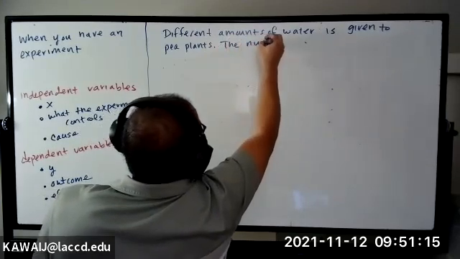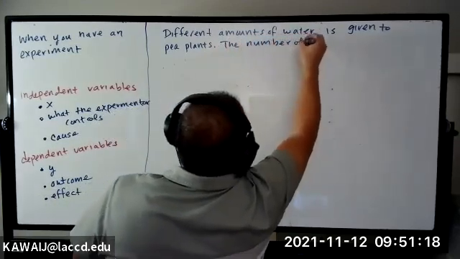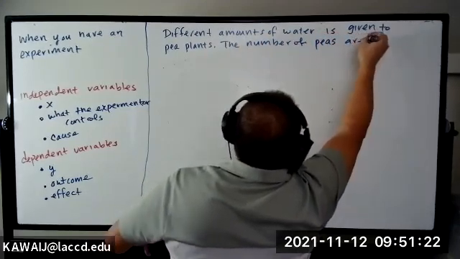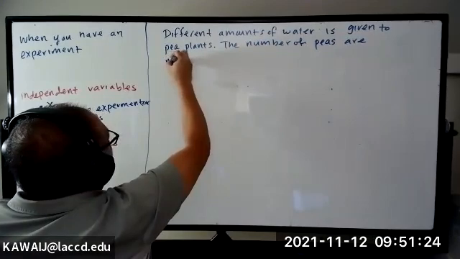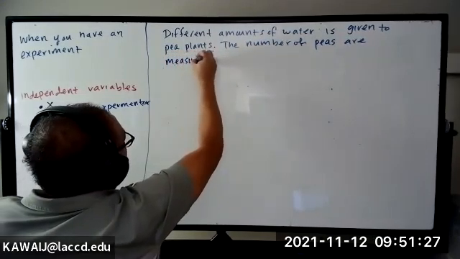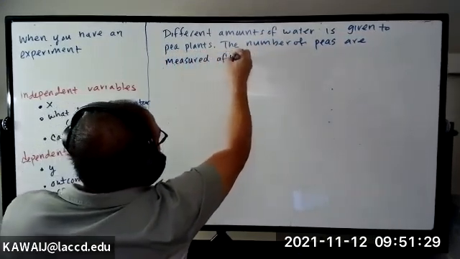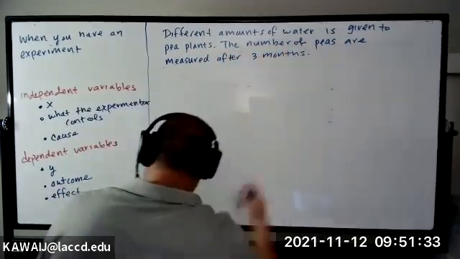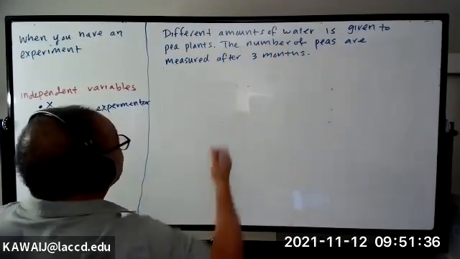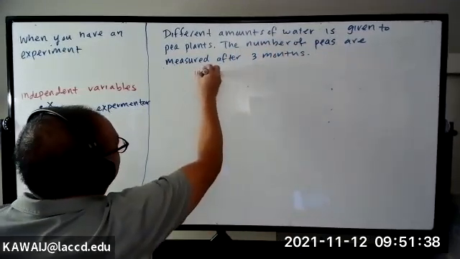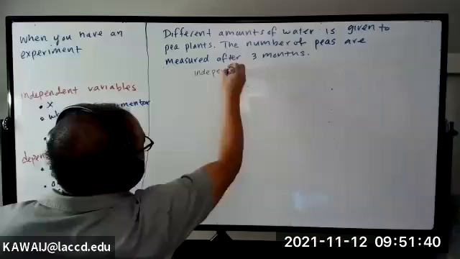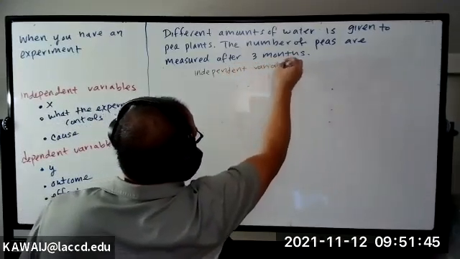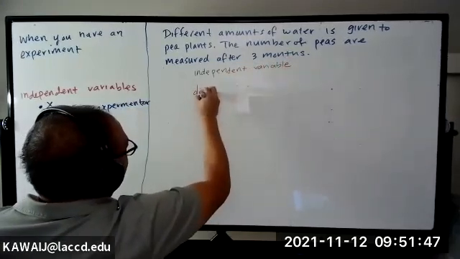The number of peas are measured after 3 months. Okay. So I want you to tell me, what is the independent variable? What is the dependent variable?